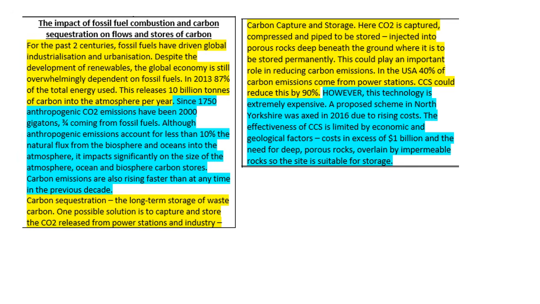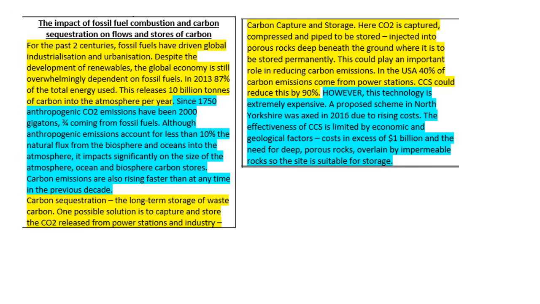Although when you look at the actual flows, anthropogenic or human emissions only count for less than 10% of the natural flow from the biosphere and oceans into the atmosphere. It's a significant increase, and it throws the whole system into disequilibrium and impacts massively on the size of the atmosphere, ocean and biosphere carbon stores. And carbon emissions are rising faster than any time in the previous decade.